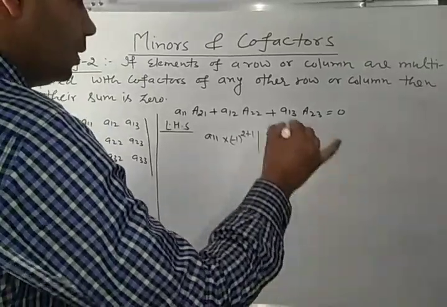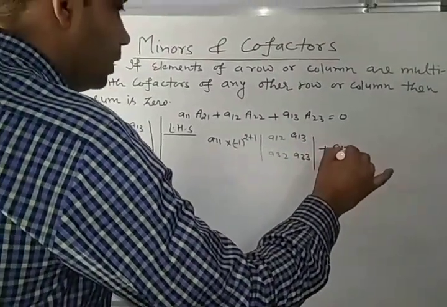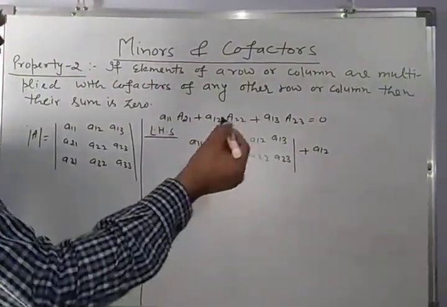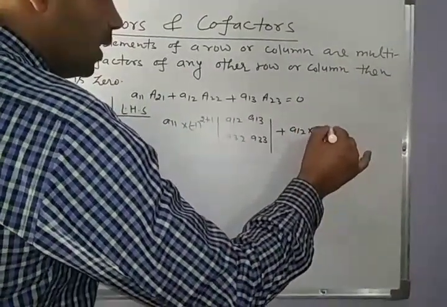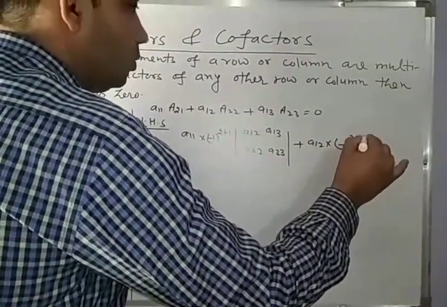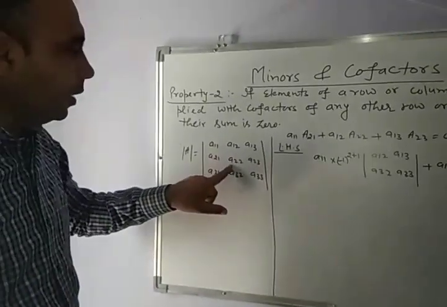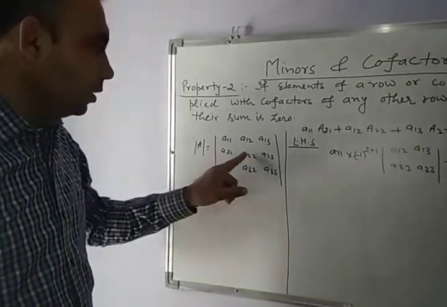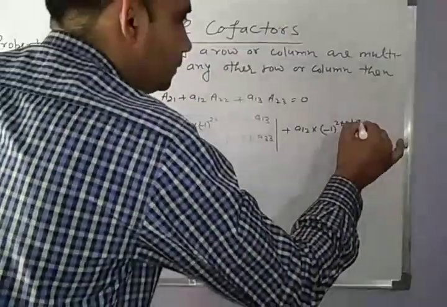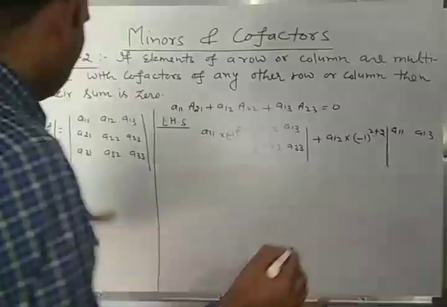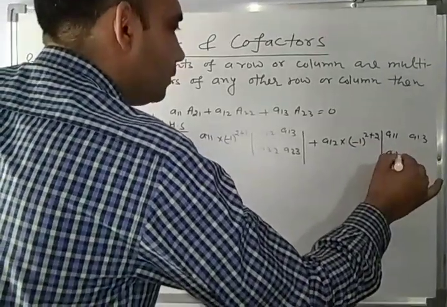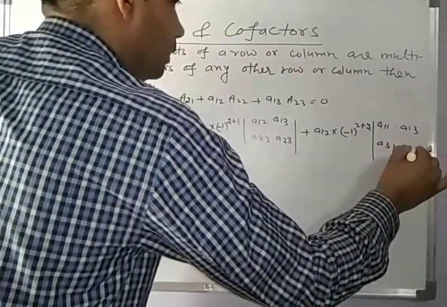Plus A12 and the cofactor of A22, which is minus 1 to the power 2 plus 2 multiplied with the determinant leaving this column and this row, A11, A13, A31 and A33.